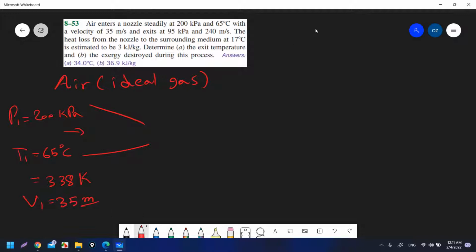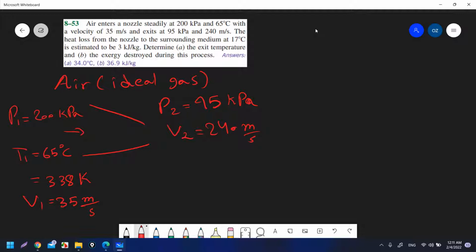Okay, and exits at P2 95 kilopascal at velocity V2 240 meter per second.